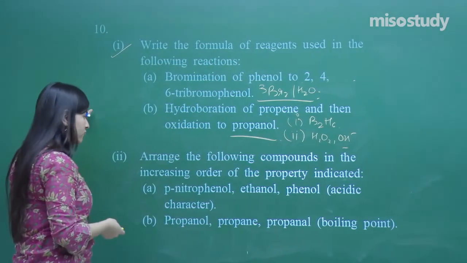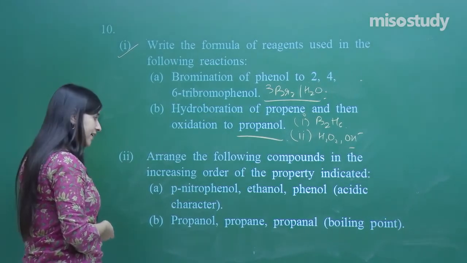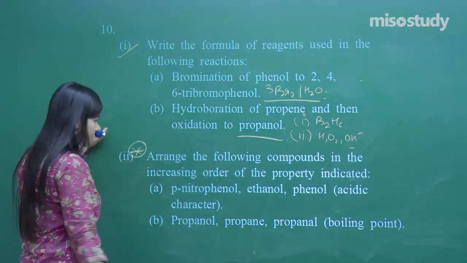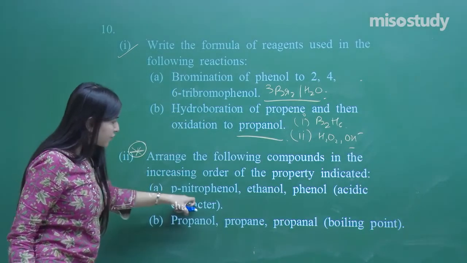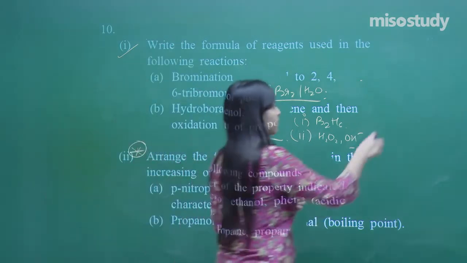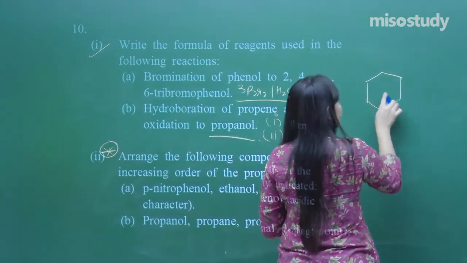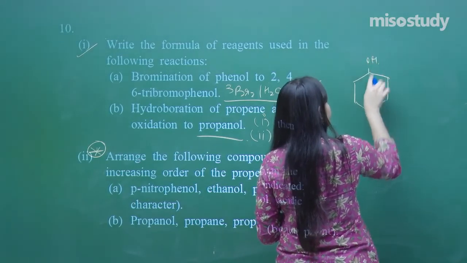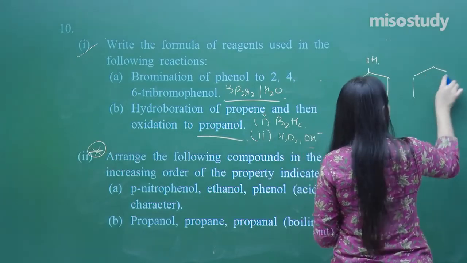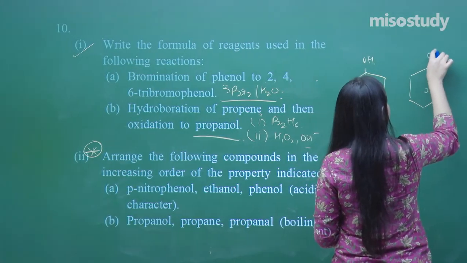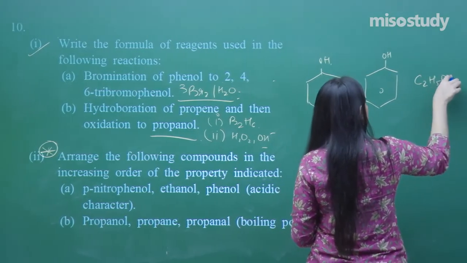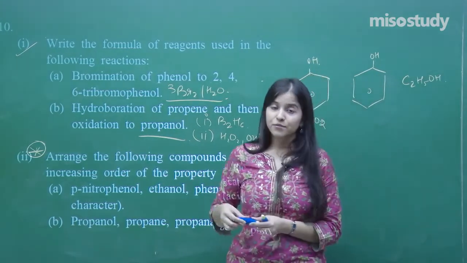Arrange the following compounds in the increasing order of the property indicated. Very important question. Now, para-nitrophenol, ethanol, phenol. Fine. I've got 3 things here. Para-nitrophenol, phenol, and ethanol. Yes, acidic character we have to tell.